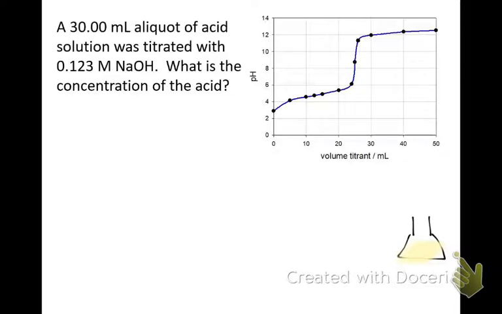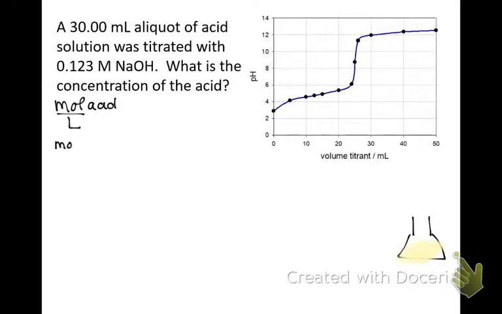Okay, so we want to know the moles per liter of the acid solution. Do we know either of those? In order to find the moles of acid, we are going to use our titration curve.